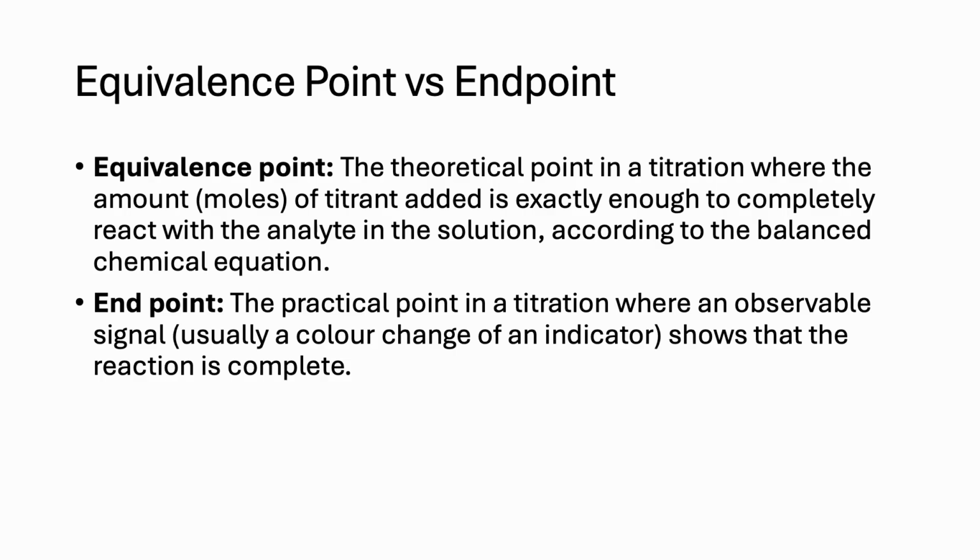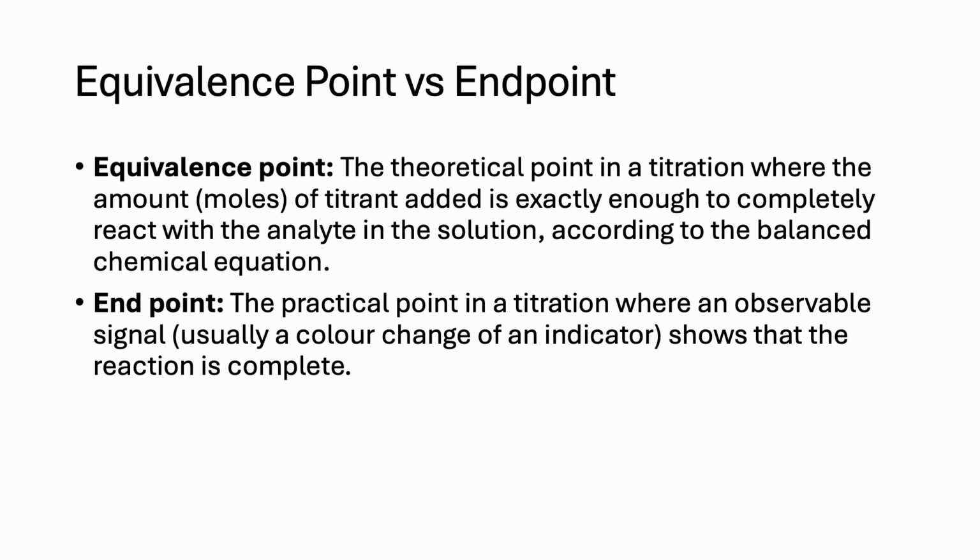As I mentioned before, the equivalence point is the theoretical point in titration where the number of moles of titrant added is exactly enough to completely react with the analyte in the solution, according to the balanced chemical equation. But this equivalence point cannot be observed, because the color of the indicator still doesn't change at this point.